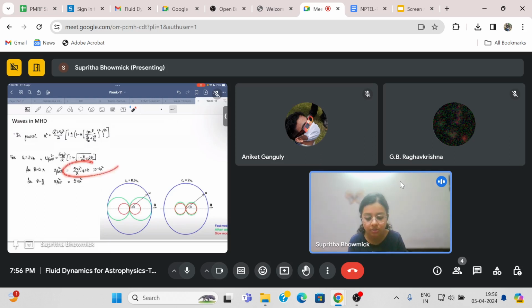This is 5 VA square, which is much, much larger than VA square. As a consequence, you see that if VA is somewhere over here at theta equals 0, then the u fast will be somewhere over here, much larger. Similarly, for theta equals pi by 2, you will see that once again it's 5 VA square. Once again, very nearly isotropic.